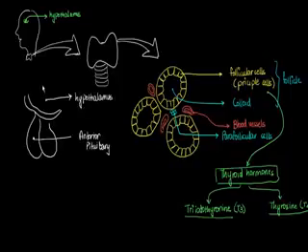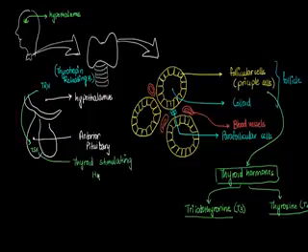The hypothalamus releases something called thyrotropin releasing hormone, TRH. This thyrotropin releasing hormone acts on the anterior pituitary, which in response releases thyroid stimulating hormone, TSH.